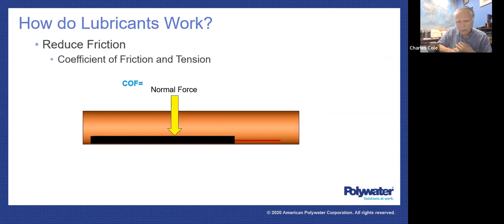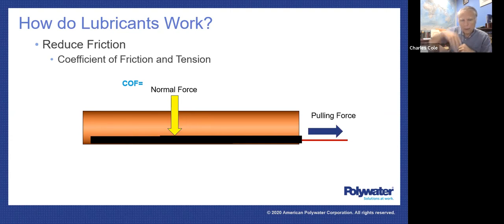We do have videos that you can request showing how we do this testing, but the test apparatus puts a normal force on the cable. Another click. We pull that cable against that normal force, which creates a pulling force on the right-hand side.